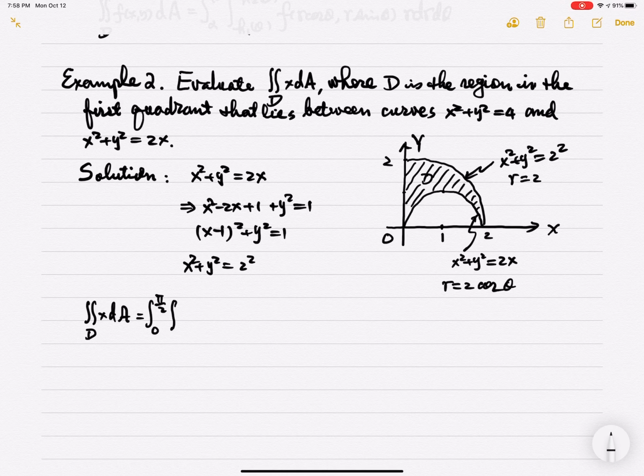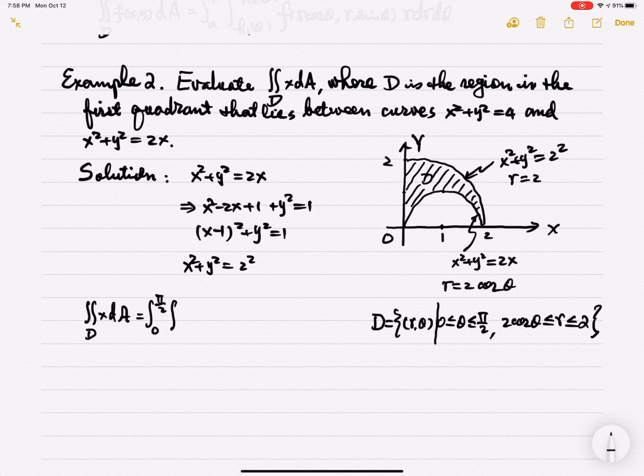I should probably describe D first in polar coordinates, r and theta. So theta changes from 0 to pi over 2, and r changes from 2 cosine theta to 2.